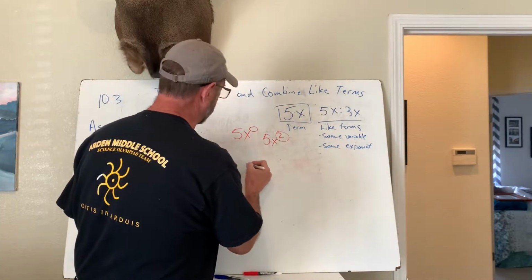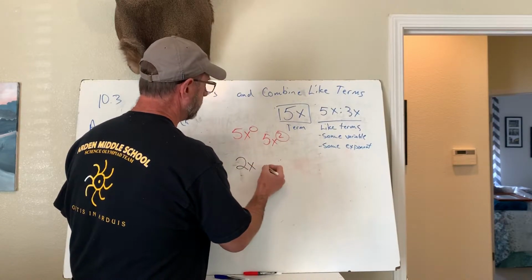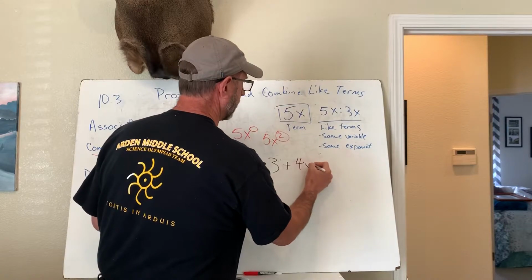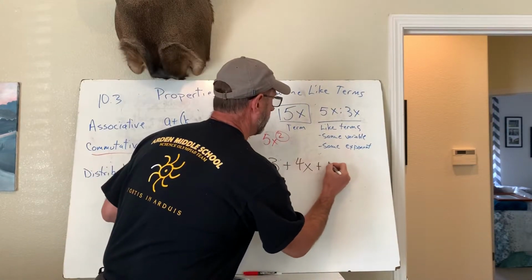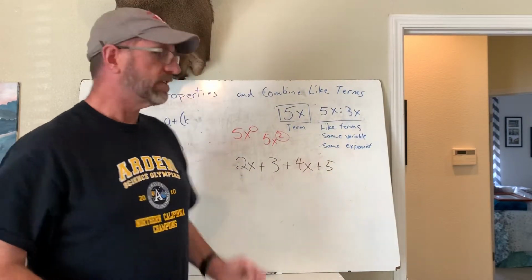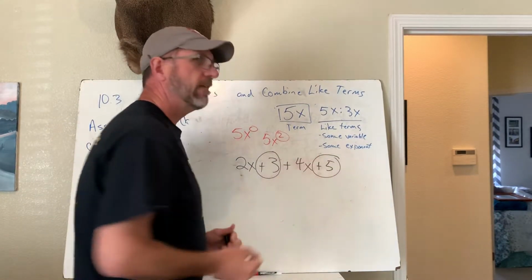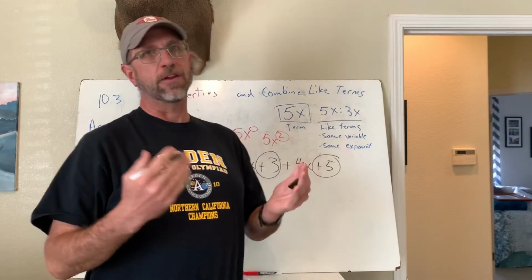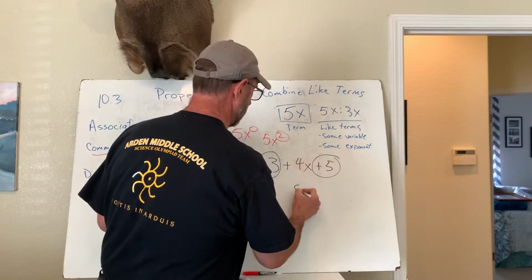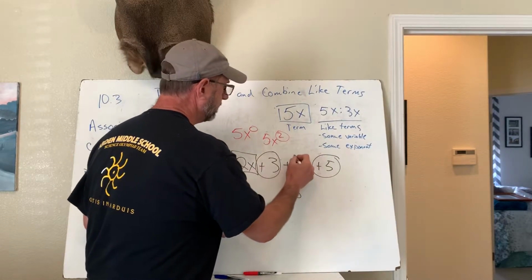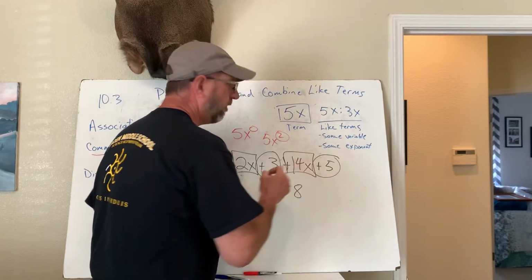So if we get something that says 2x plus 3 plus 4x plus 5, we're going to look and say, well, the plus 3 and the plus 5 have no variables. They're like terms. So 5 plus 3 is 8. And then we're going to look at 2x plus 4x.